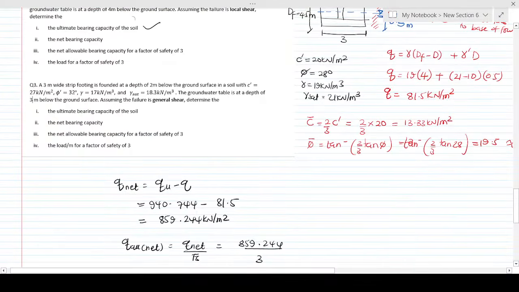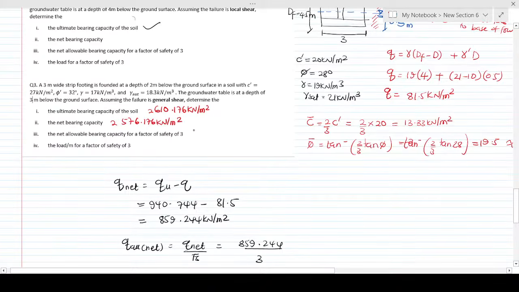So the third question, I'll leave it to you, try it. But this should be the answer that we are supposed to get for that one. So for this one, the ultimate bearing capacity is 10.176 kilonewton per meter square. The next is 576.176 kilonewton per meter square.